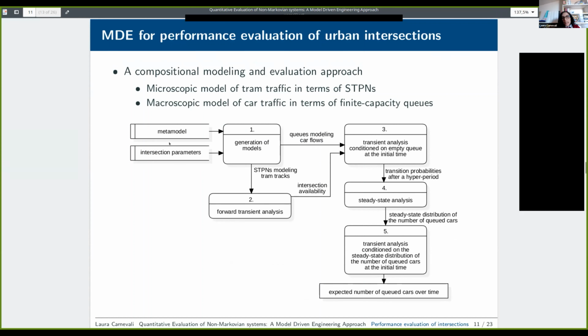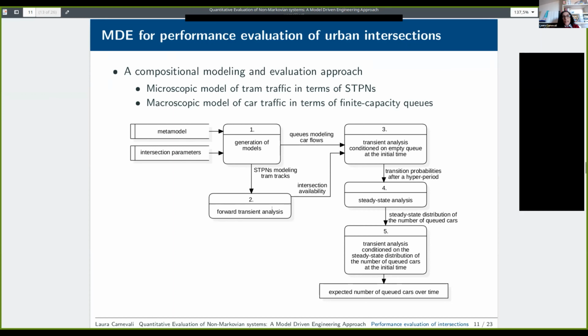Starting from our meta model and from specific intersection parameters, we visit the meta model and generate these models: the stochastic time Petri nets of tram tracks and the finite capacity queues modeling the car flows.